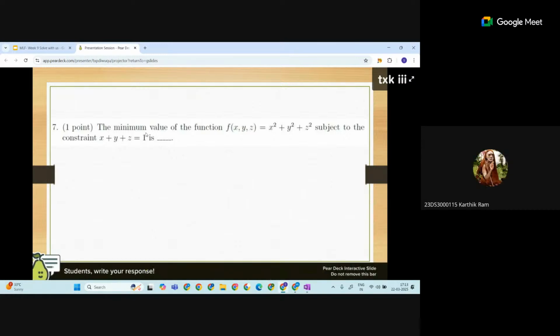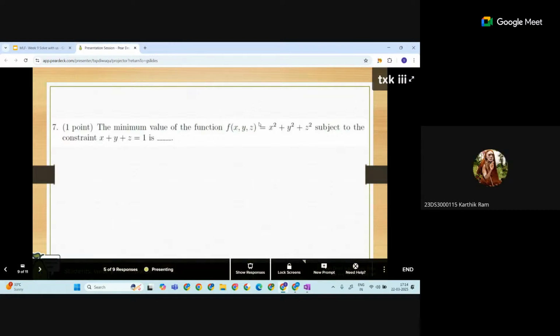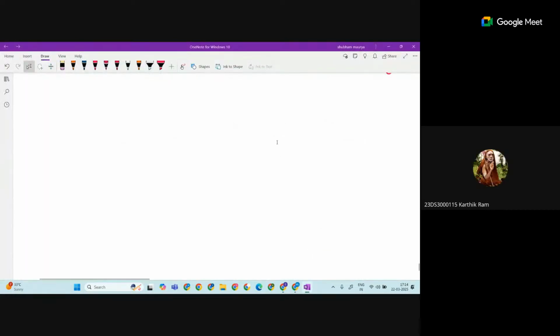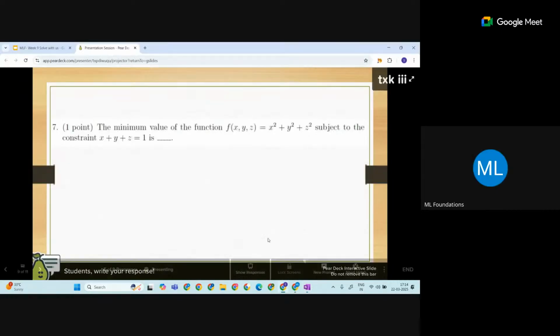Actually, x squared plus y squared plus z squared is a paraboloid, and x plus y plus z is a kind of plane under the paraboloid. So visualization would be difficult here.